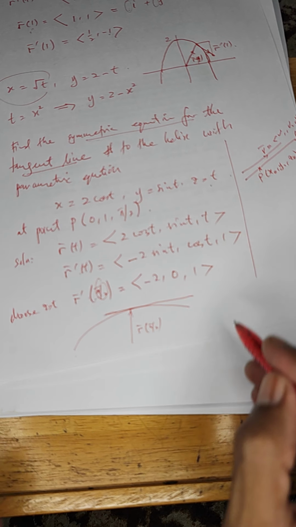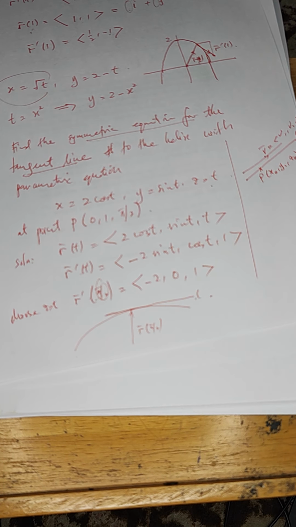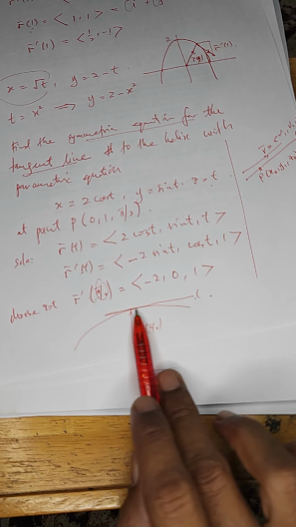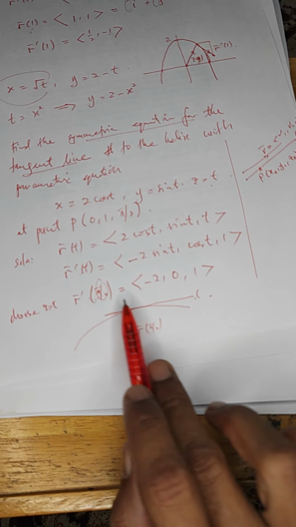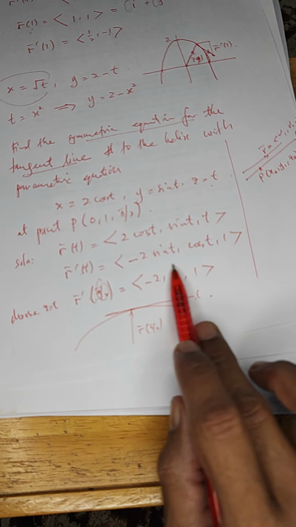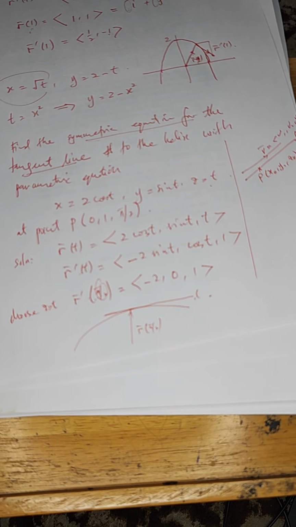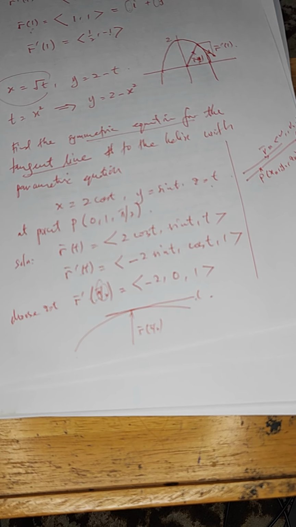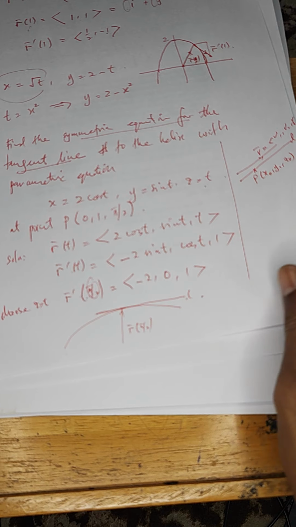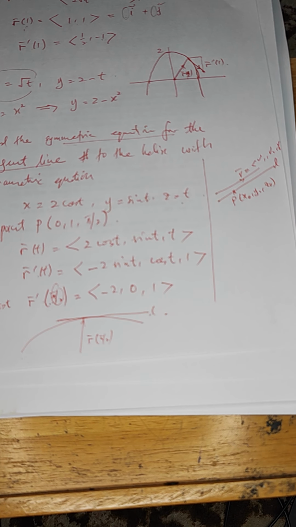This is the one that we're looking for. So the vector that is parallel to that line is given by the differentiation of r. So that's why we have those things.